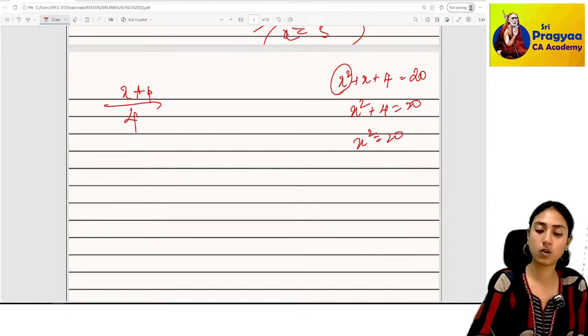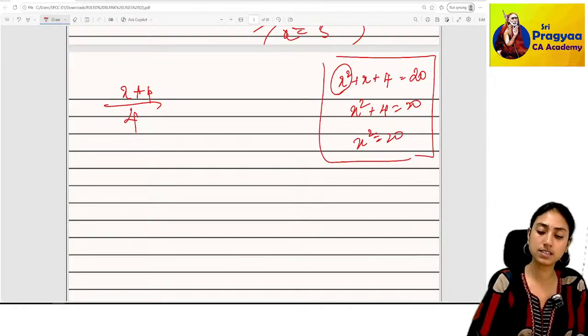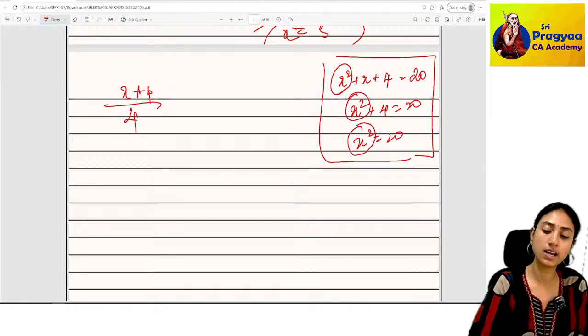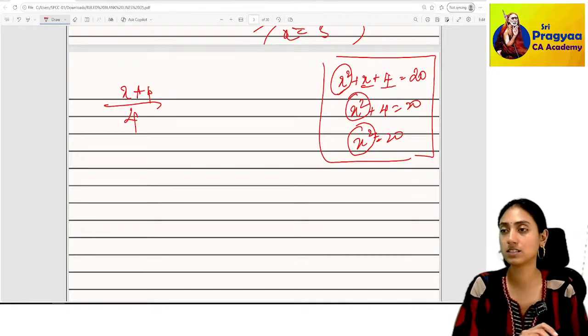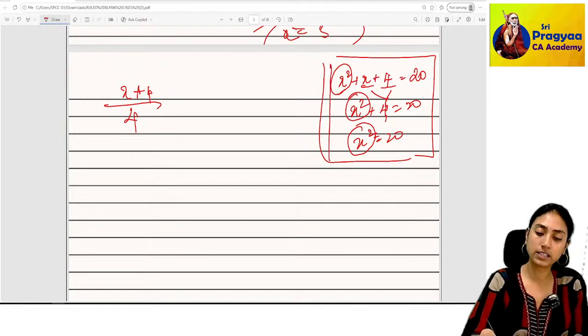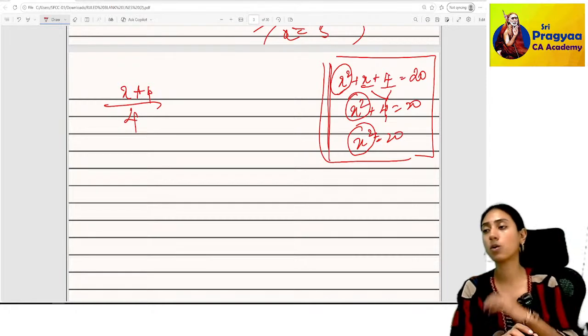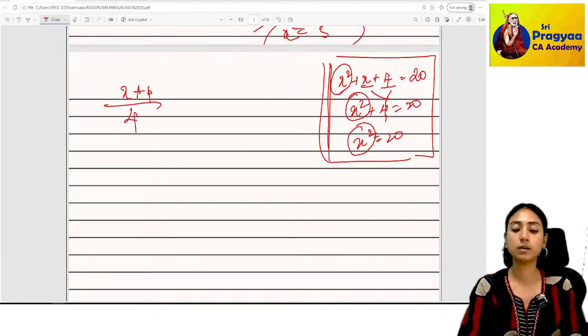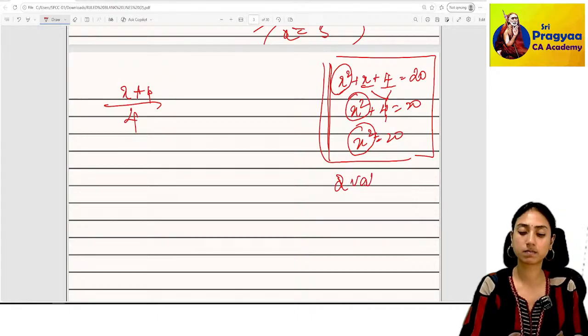This is also a quadratic equation. The difference is that the common factor everywhere is x squared. You need not have an x. You need not have a constant. That's not mandatory for a quadratic equation. But whenever you have an x squared, it's a quadratic equation. So, whenever we have a quadratic equation, there will be two values of x.